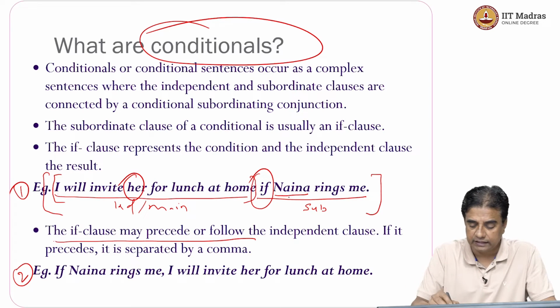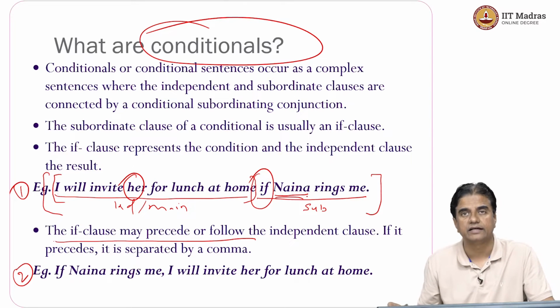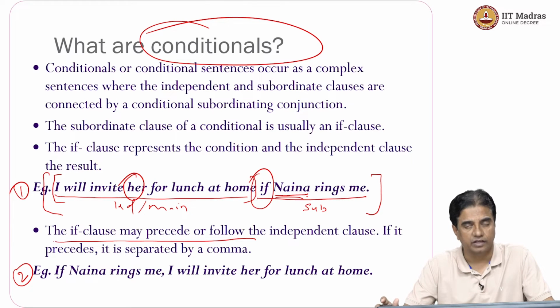And when you hear the name Naina, then you understand we are talking about inviting Naina. That is, I will invite her for lunch at home. If we have only this much, then we know we are talking about somebody who is a female.